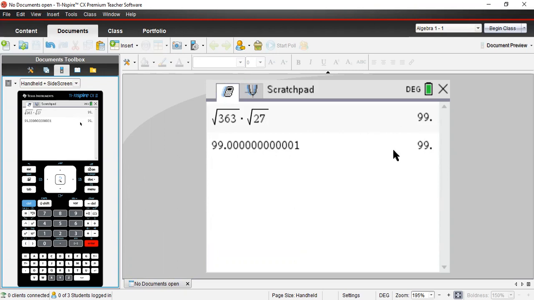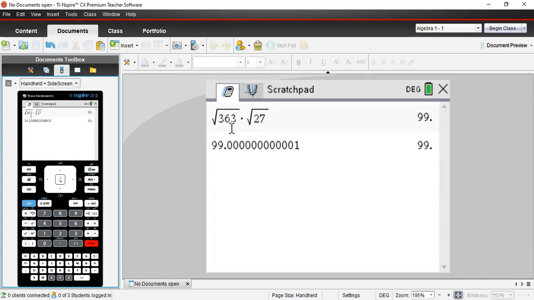So in this case, we would say irrational times an irrational gives us a rational, because the product of the square root of 363 times the square root of 27 is equal to 99. And 99 is a rational number. Check. That's our answer. That's what we're doing.